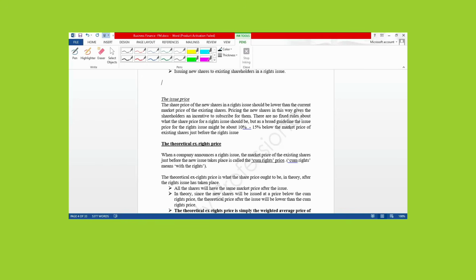When a company announces a rights issue, the market price of the existing shares before the new shares take place is called the cum right price.